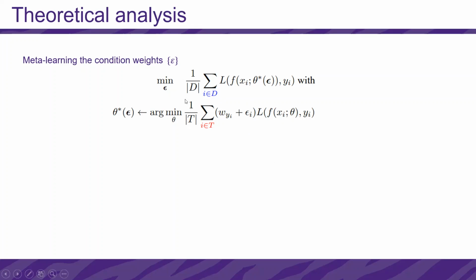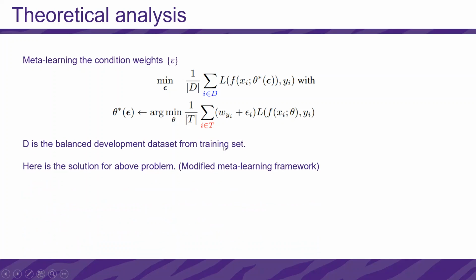These two equations minimize the error estimation to get the theta and use this theta to perform best on the development set D. The development set D is a balanced data extracted from the training set.